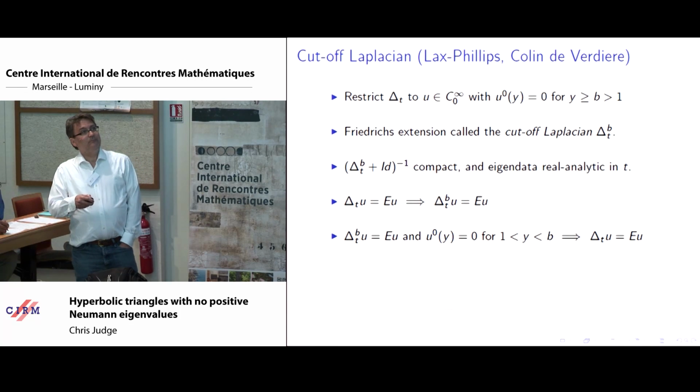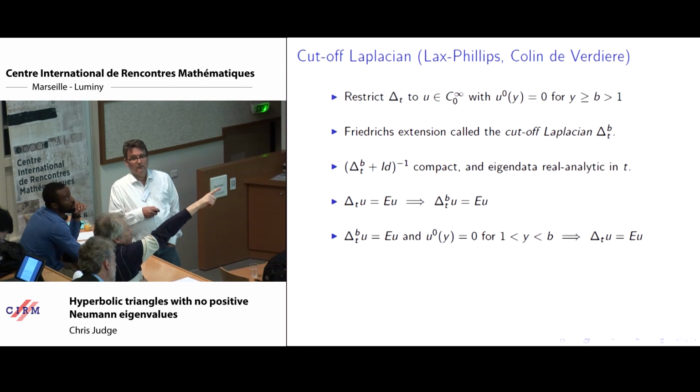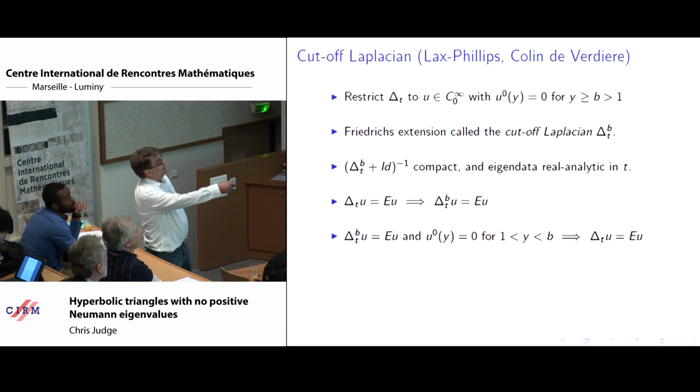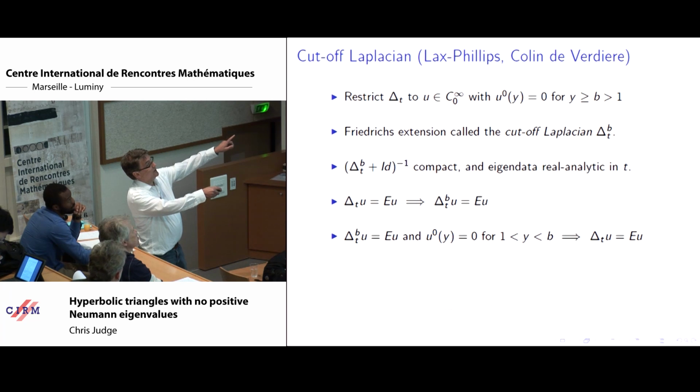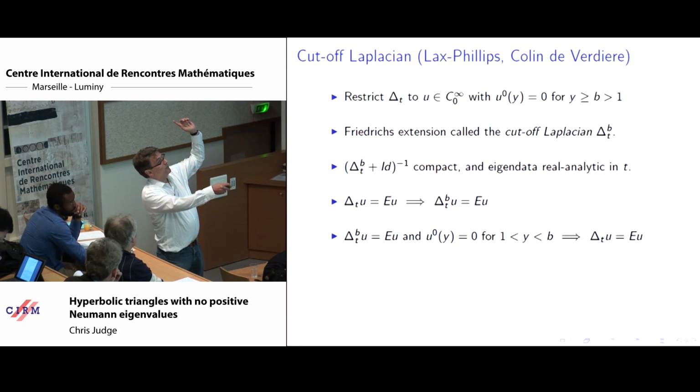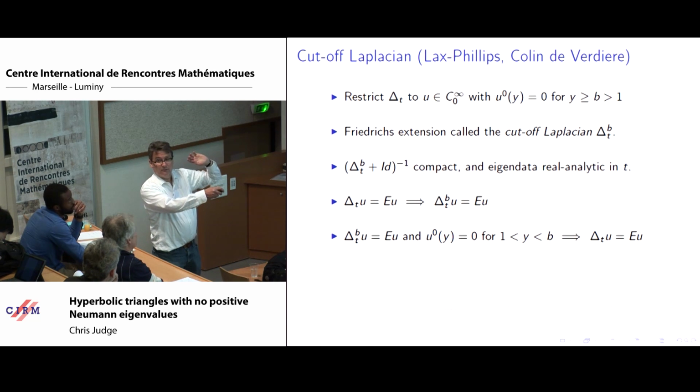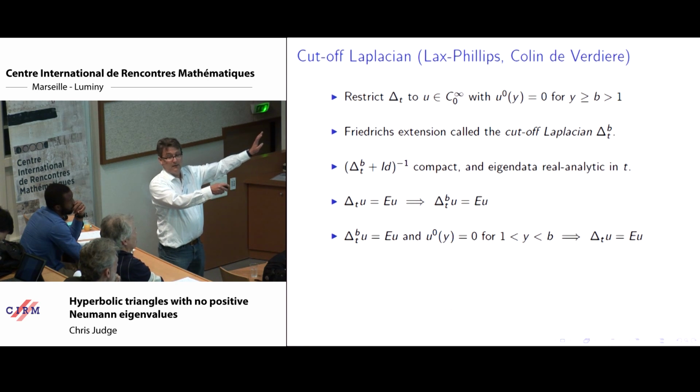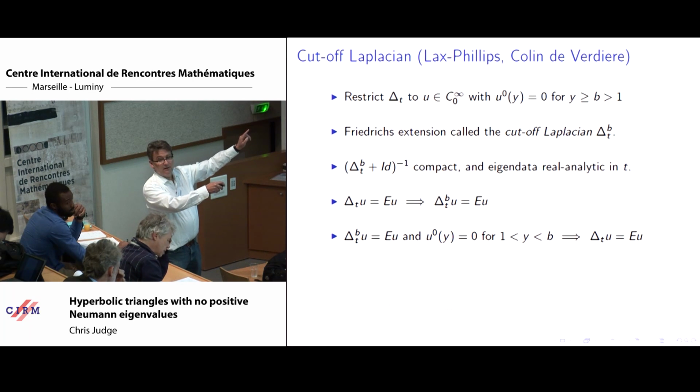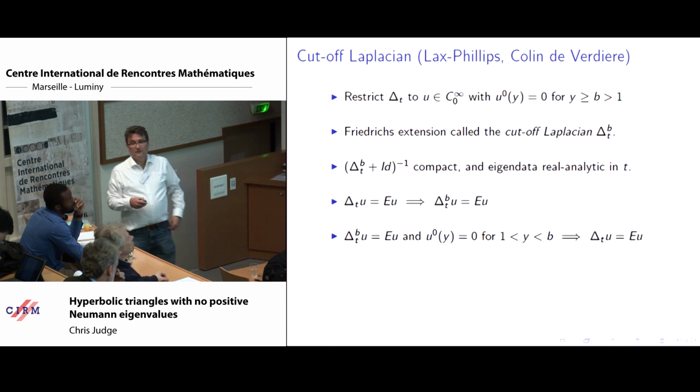Sorry, do you mean if u vanishes above B? Right. If this is true and I have an L2 eigenfunction, then automatically from what I did before, the zeroth Fourier coefficient has to vanish for all y. And so therefore it belongs to the domain. Sorry. No problem, no problem.